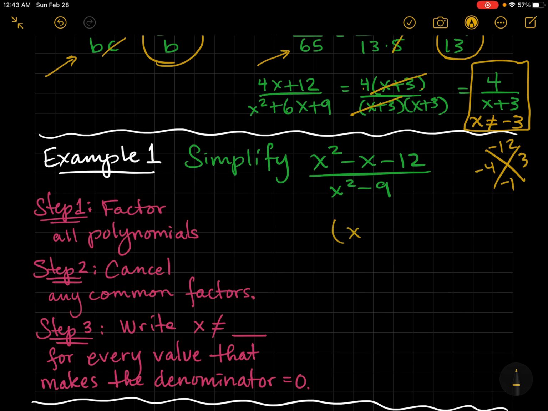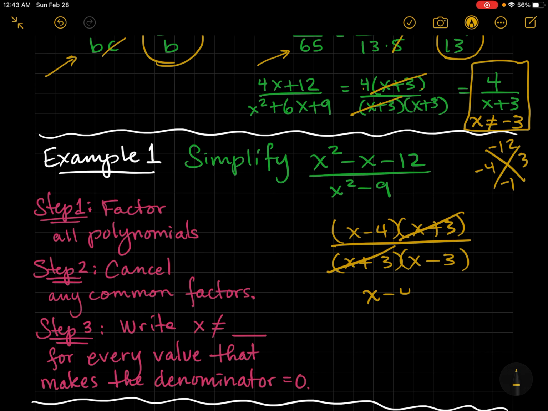And so the numerator factors to x minus 4 over x plus 3. And the denominator, that's the difference of two squares. So the square root of x squared is x, and the square root of 9 is 3. So we have our plus minus. And now we can see our common factors and start slashing.